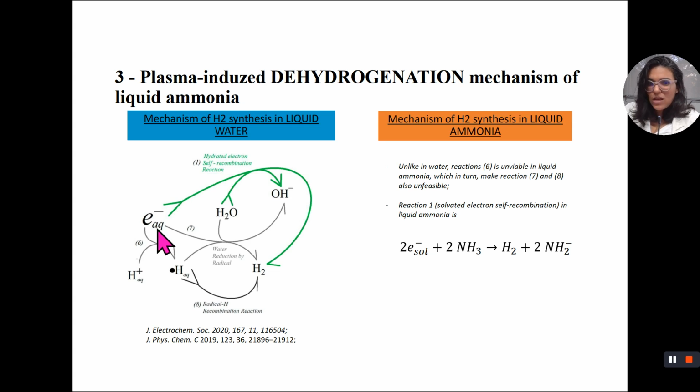Based on this mechanism, I could suggest the mechanism for liquid ammonia, because in liquid ammonia we don't have acidity, so reactions 6, 7, and 8 would be suppressed, leaving only the possibility for solvated electron recombination in ammonia, which would give hydrogen plus the conjugate base, the basicity of ammonia.